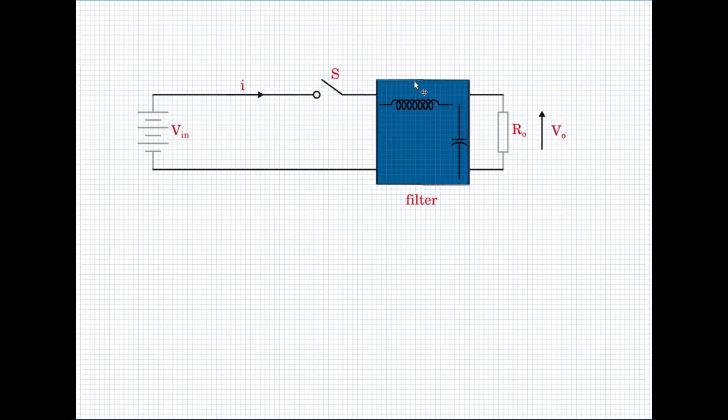There are many configurations in which this switch and the filter can be put together. If we have one switch, one inductance, one capacitance to make up the DC-DC converter elements, then we call it a primary topology.